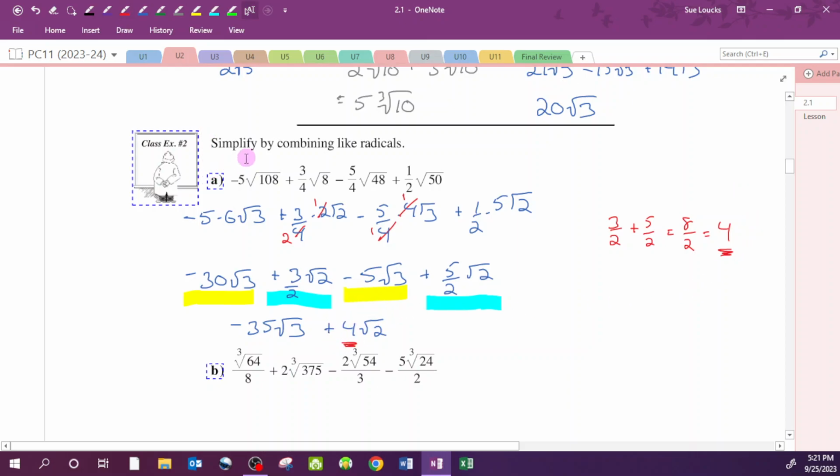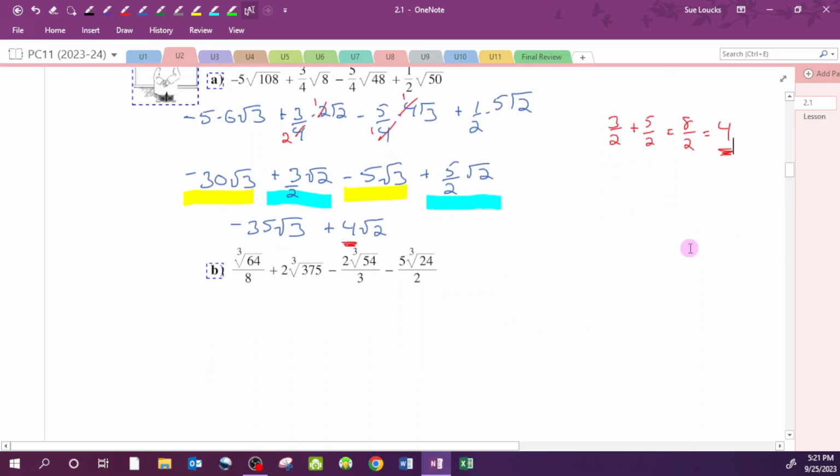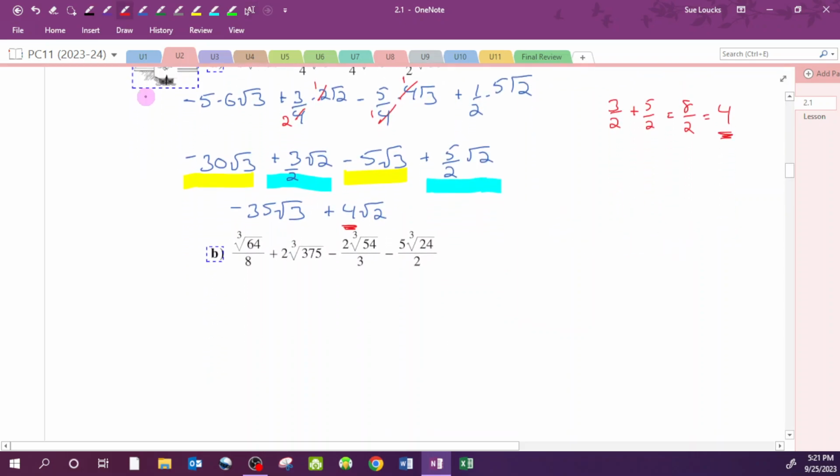Okay, and then example B, this one is really pretty ugly. So again, I'm going to sort of rush through the simplification of them, because converting them to mixed radicals in simplest form is something that you should be comfortable doing now. So I get 4 over 8 plus 10 times the cube root of 3 minus 2 times the cube root of 2 minus 5 times the cube root of 3.